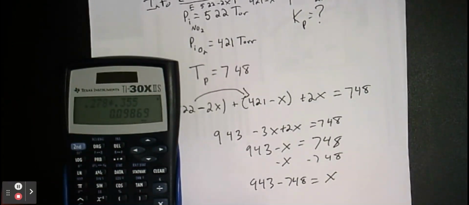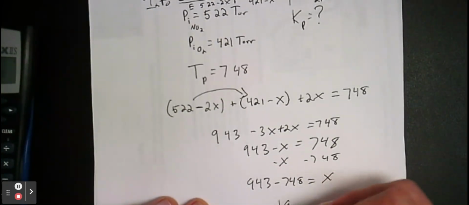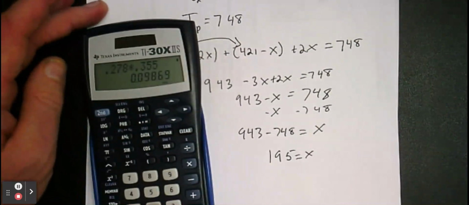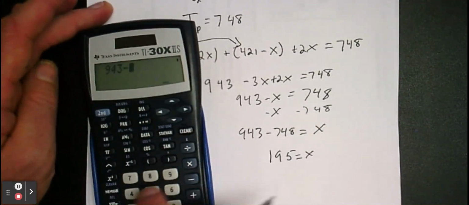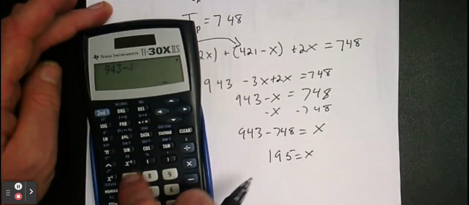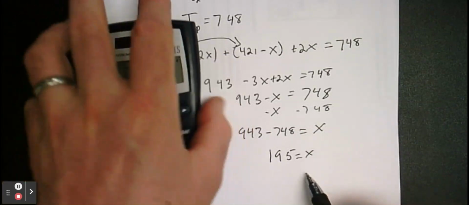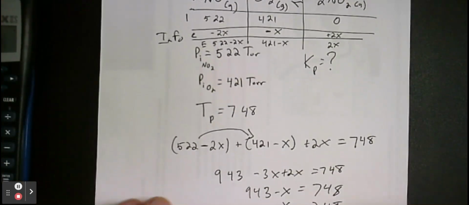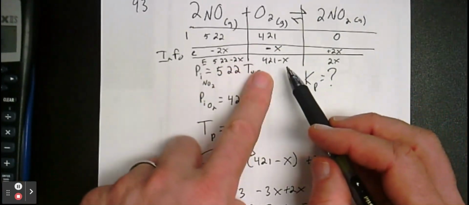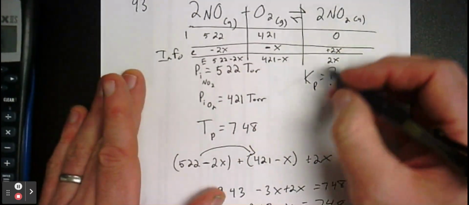So that's 52 plus 43 plus 100. 52 plus 43 is 95. So 195, I think. Let's check that on a calculator. I tried to do that as fast as I could, see if I got it right. 195, good. Now that's x. So that means the partial pressure of this would be 421 minus that.